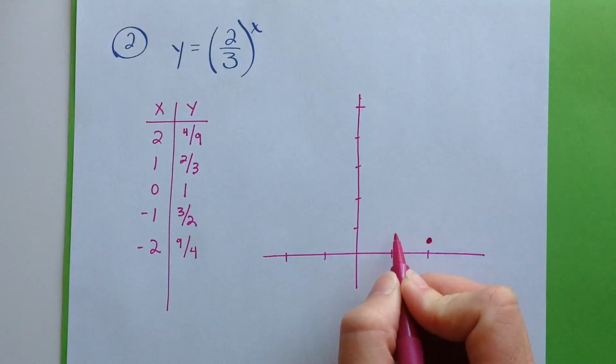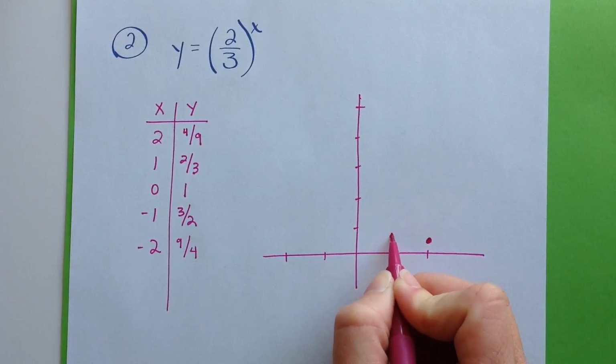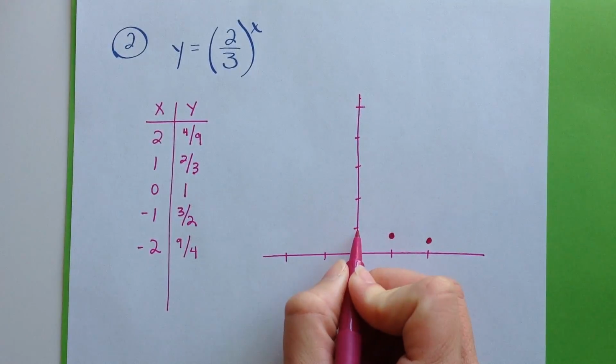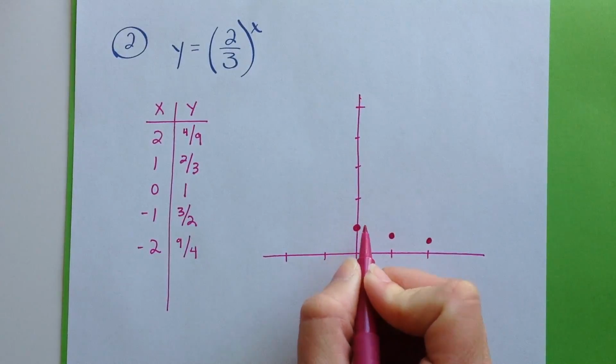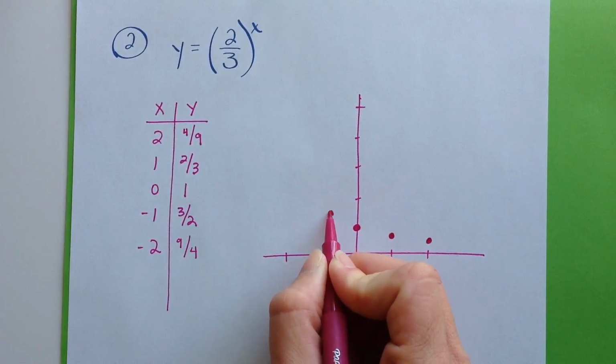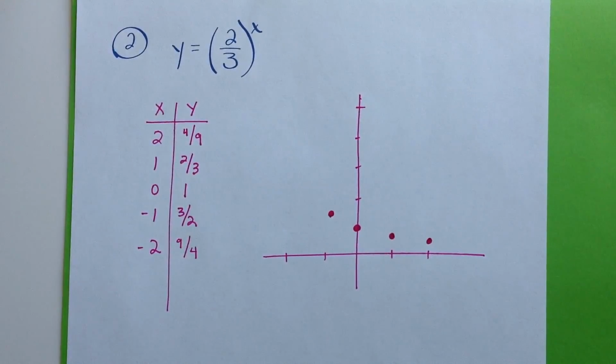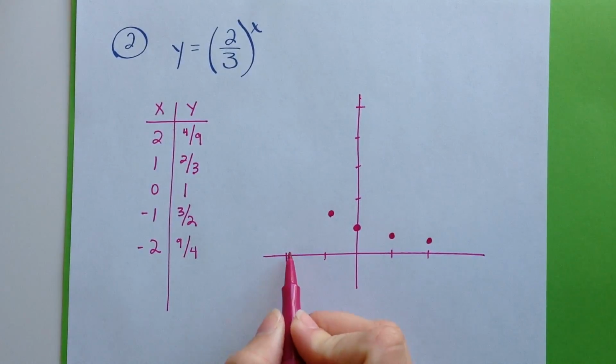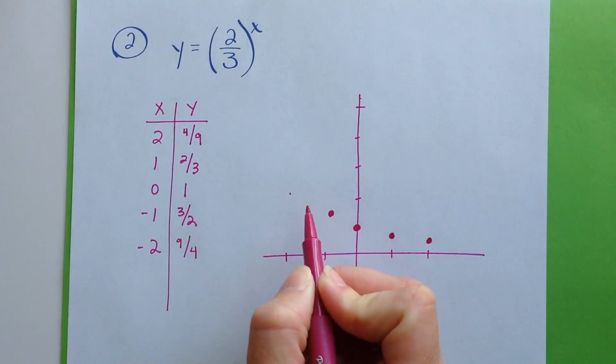And then 1 and 2/3. And then 0, 1. -1, 3/2, of course the same thing as 1 1/2. Now 9/4 is 2.25, but if you round it, it's approximately 2.3. It's going to be about the best we can do on just estimating.